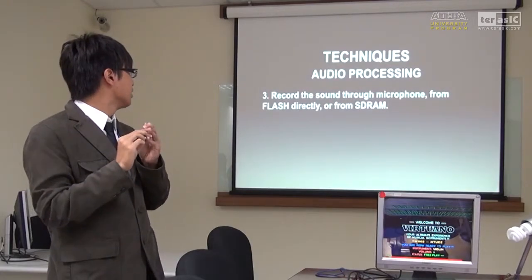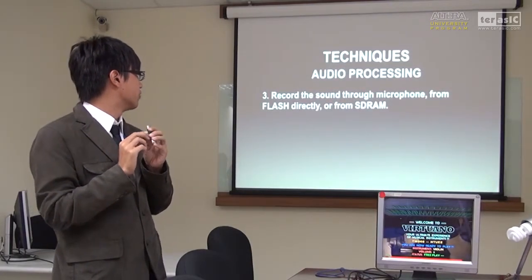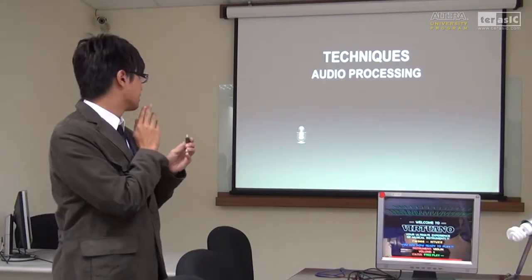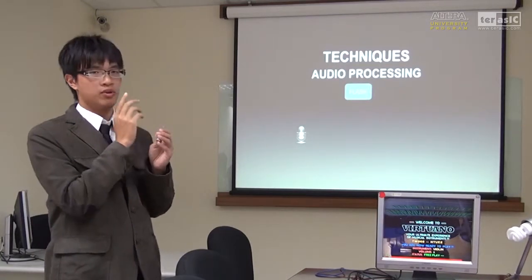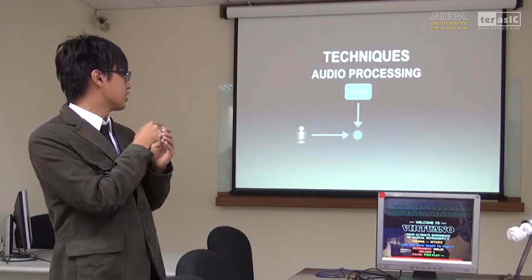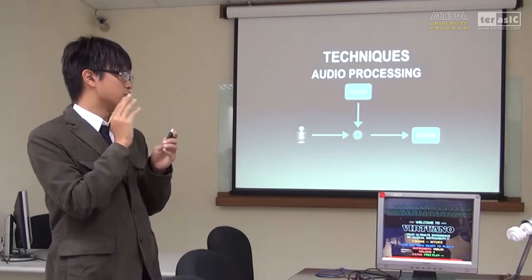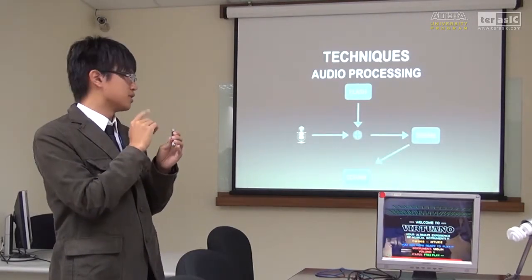And last, we record sound through the microphone, and from flash directly or from SD-RAM. Here we have a signal from a microphone, and we have the musical notes from flash, and we combine them together. We buffer them in SSRAM, and after we finish recording, we store them into SD-RAM.